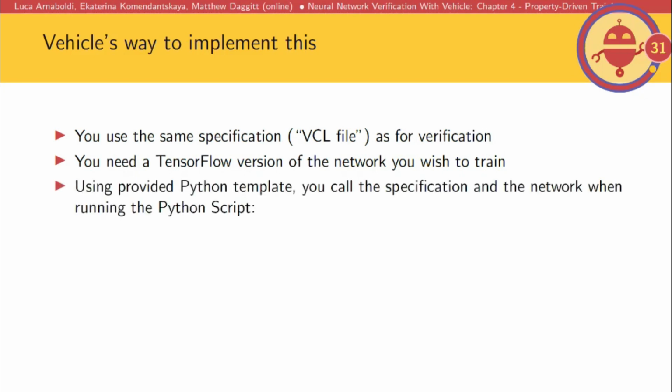You will be given by the Vehicle developers the Python template. And in that template, you call the Vehicle specification and the network. And then you run your Python script, given as template, with some filling in. So the loss function is automatically generated from the VCL file. So that will be done for you.